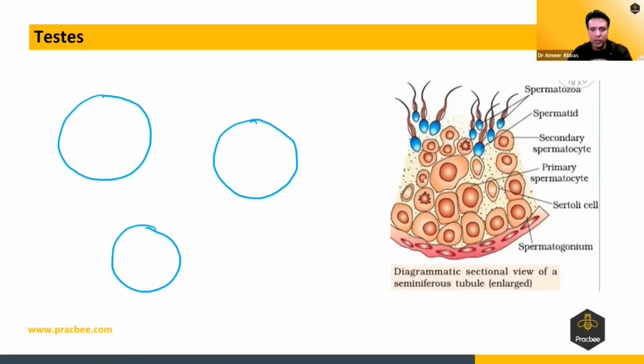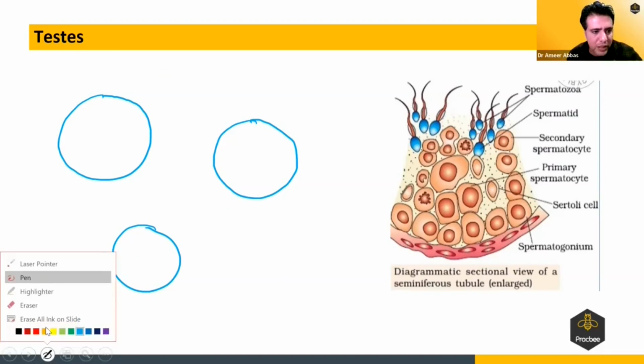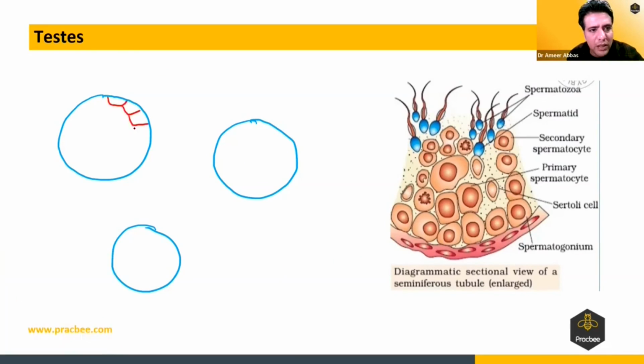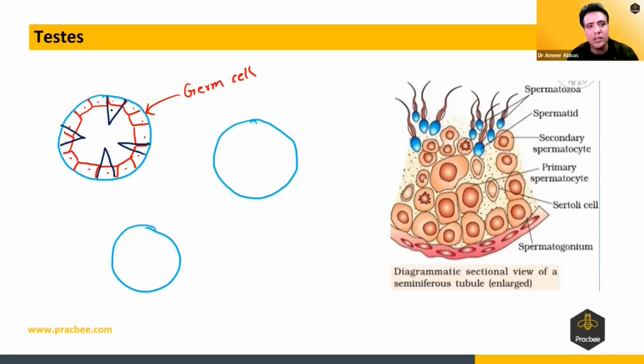This is the seminiferous tubule, and what we see is that the seminiferous tubule is lined with a very important cell. These are cuboidal cells known as germ cells. And we also observe that these germ cells have a special kind of cell embedded in them. Triangular, pyramid shape. These are known as Sertoli cells. In between the seminiferous tubules, there is a fluid present.